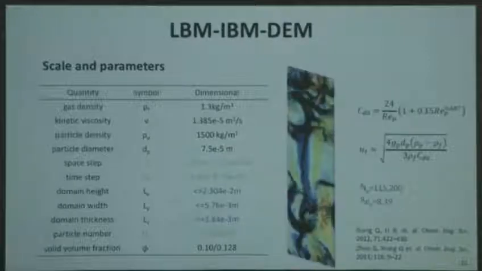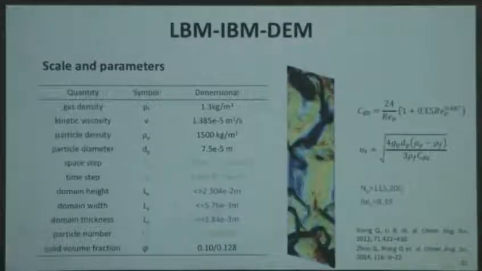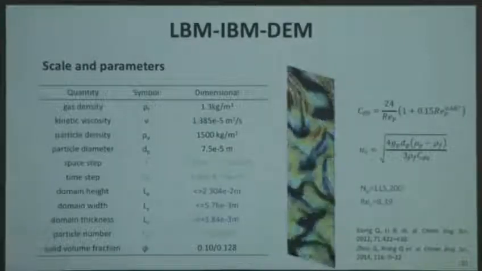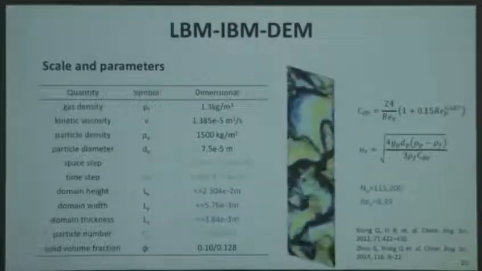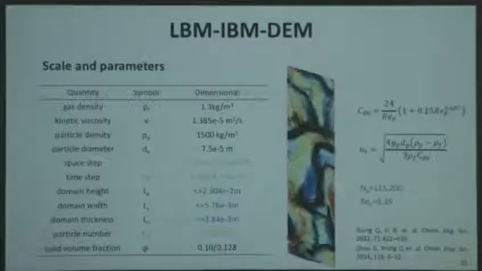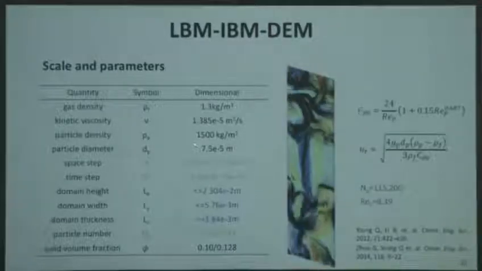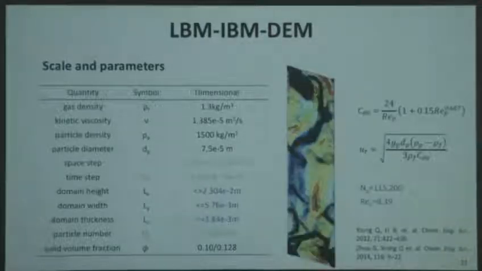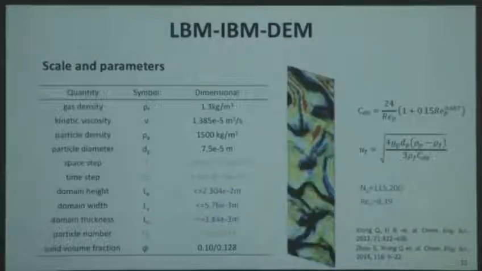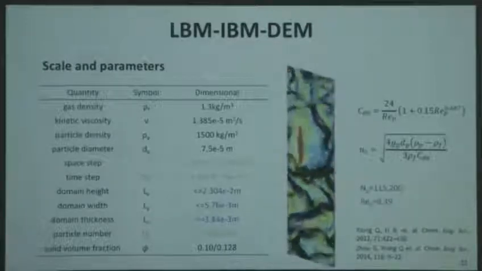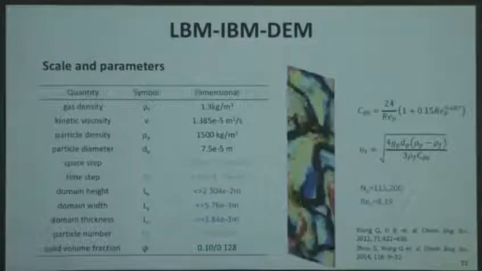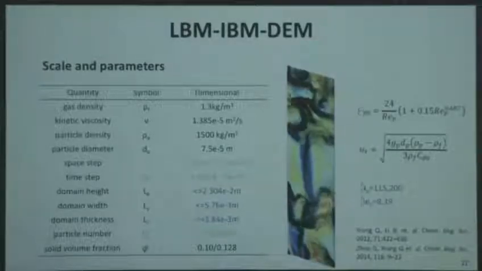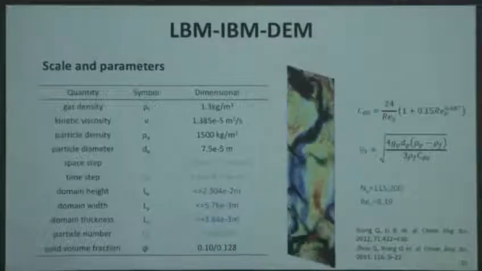And if we map to the actual size of an air-solid system, it is like 70 micron particles, which is typical for the fluid catalytic process. So in the fluidization, these are still group A particles.